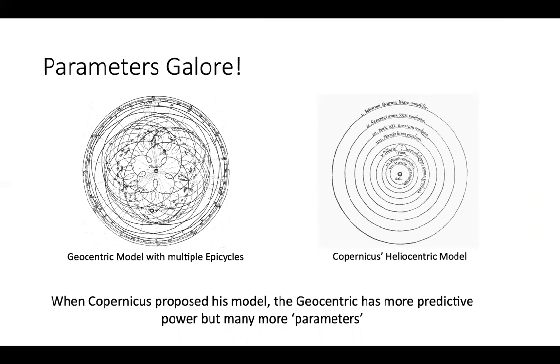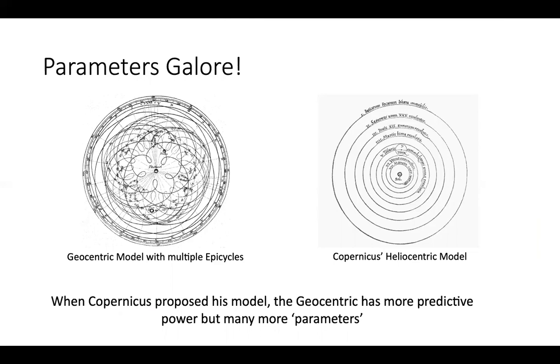From here, we move on to one of the problems facing machine learning these days, which is the proliferation of models with a massive number of parameters. So we take a lesson from the history of physics. It's a common misconception amongst a lot of people that one of the reasons the Copernican heliocentric model, with the sun at the center, won out over the geocentric model, with the Earth at the center of the universe, is because it had more predictive power.